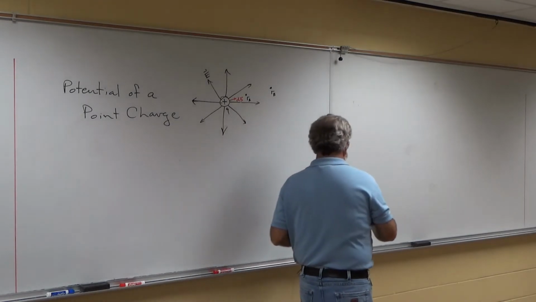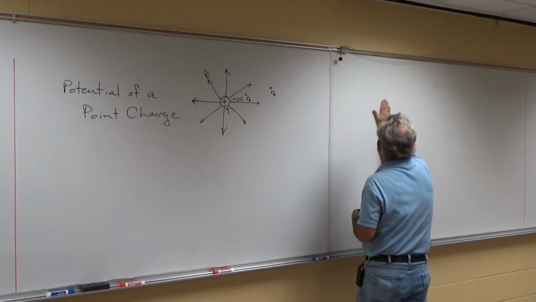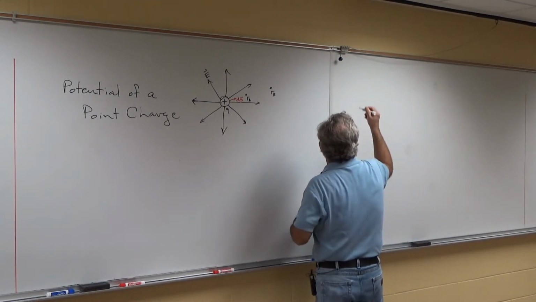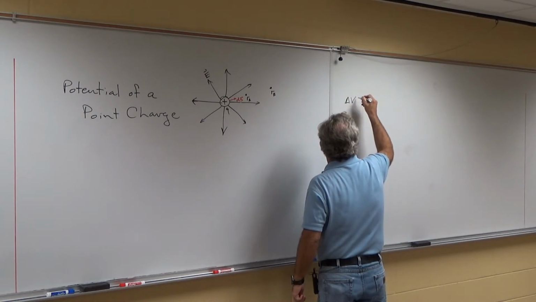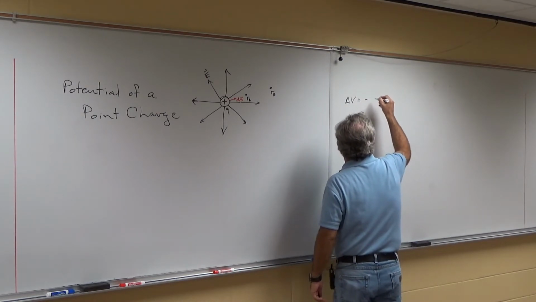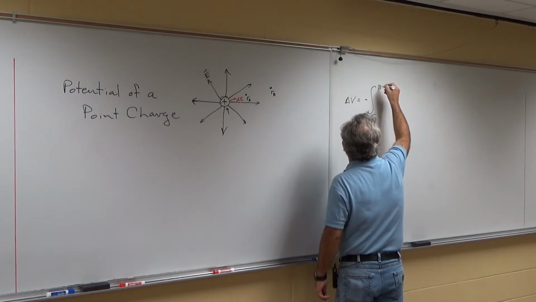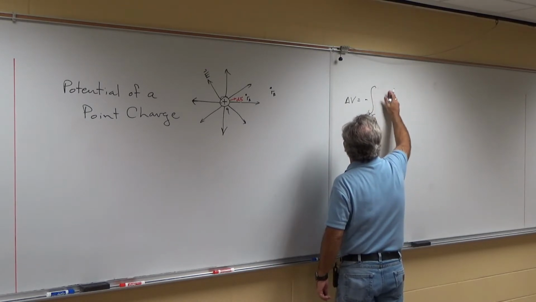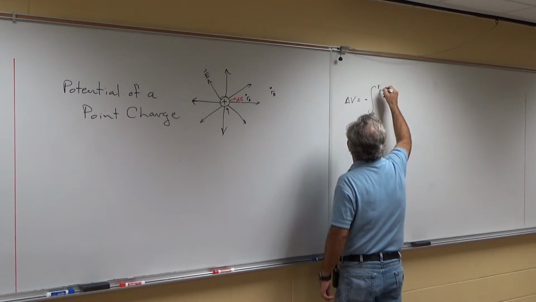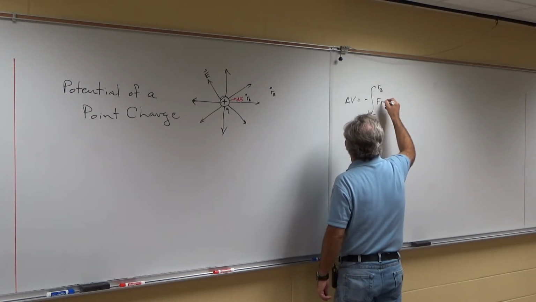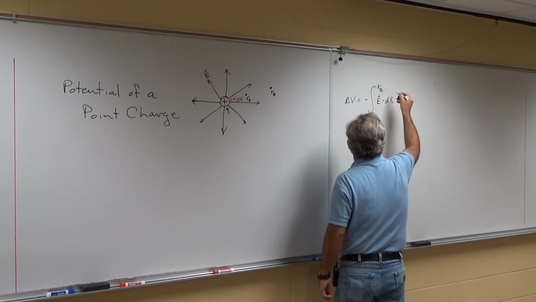So by that definition that I wrote down a minute ago, delta V is equal to minus the integral from RA to RB of E dot ds.